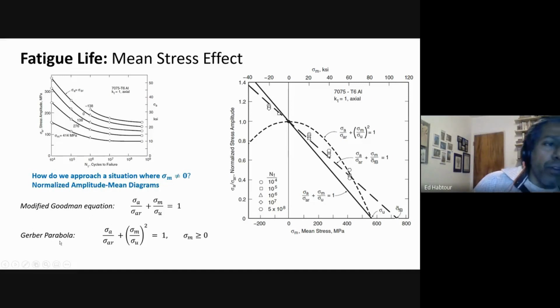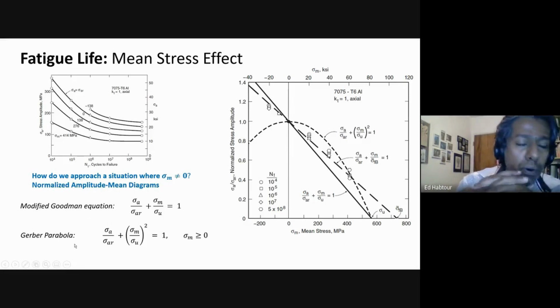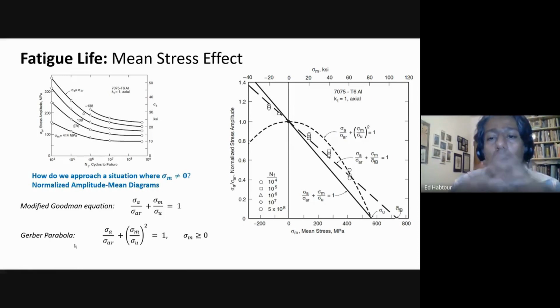And then there is another method called the Gerber parabola. There are several methods out there. You just have to choose whatever fits your data the best, really. There is no way around it.